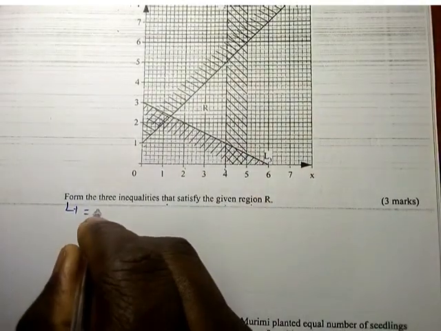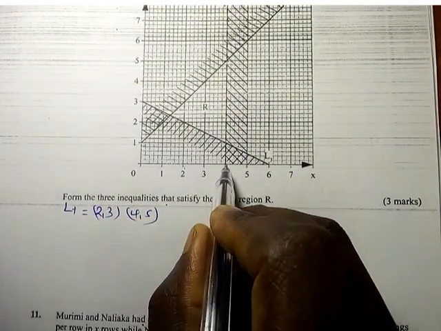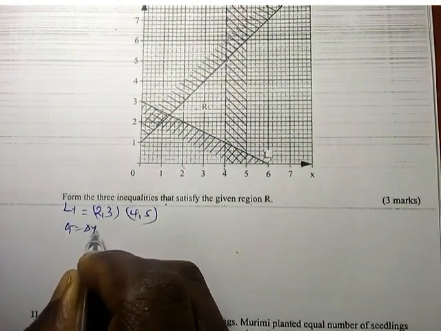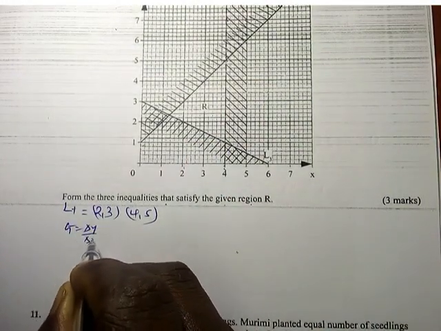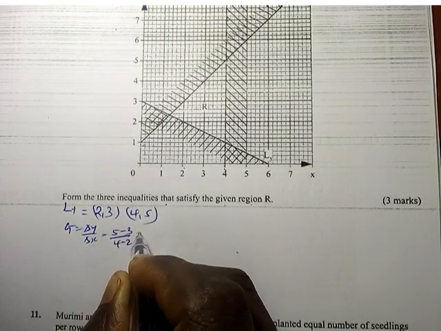So we have 2 points, (2, 3) and (4, 5). With these points, I get the gradient. Gradient is equal to change in y over change in x, which is 5 minus 3 over 4 minus 2, and the answer is 2 over 2.